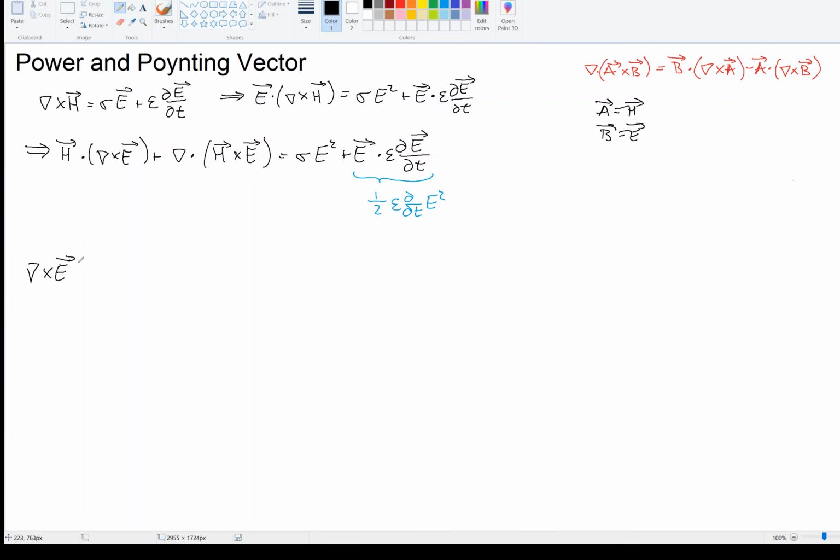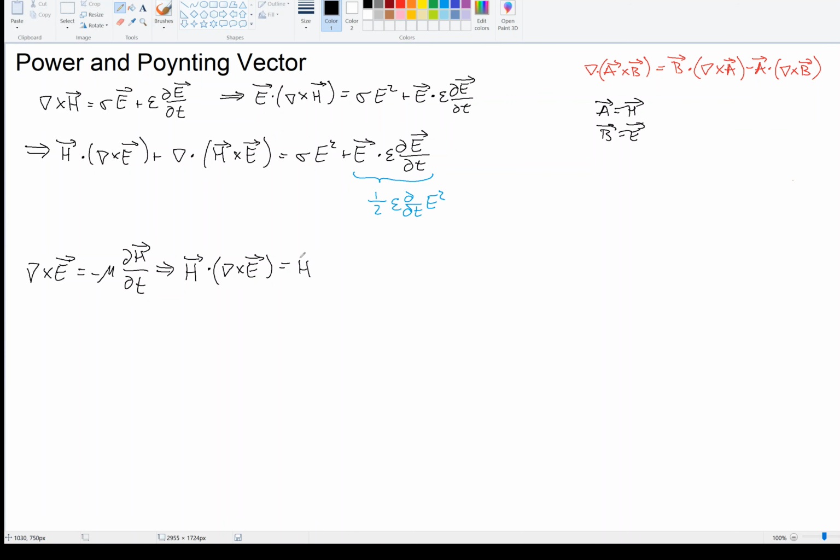The curl of E, again this is in point form, is negative mu times the time derivative of H. Okay, and again I'm going to bring in now the magnetic field to both sides.